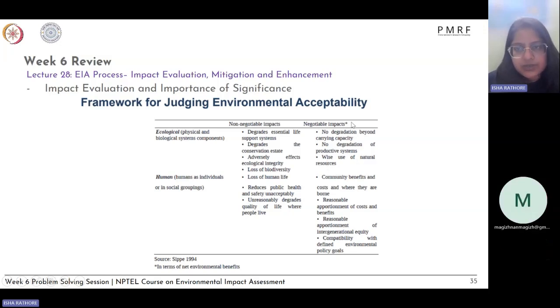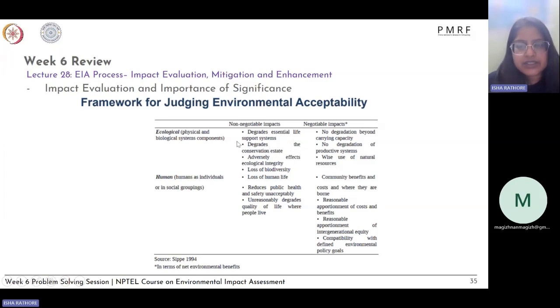Non-negotiable impacts are those you cannot agree on. These include degrading essential life support systems, degrading the conservation estate, and adversely affecting ecological integrity and causing loss of biodiversity. That is, you're not going to give in to these impacts.